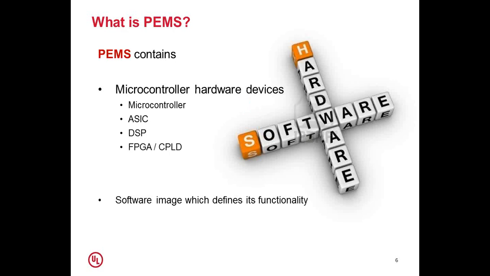A hardware device like a microcontroller, ASIC, DSP chips, FPGA or CPLDs, and a software image which defines its functionality. This becomes a PEMS. Here we can see the hardware, microcontroller, ASIC, DSP, and FPGA or CPLD works only when a software image is loaded onto these, and when it's loaded, the unit together becomes a PEMS.